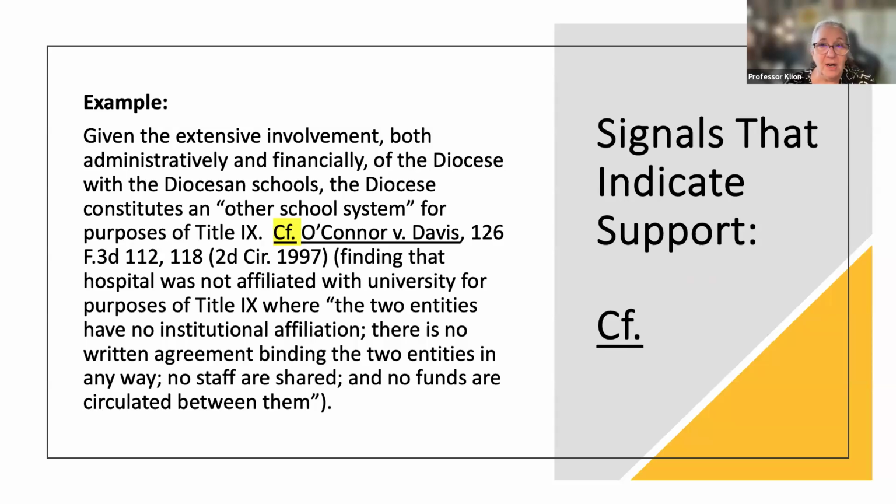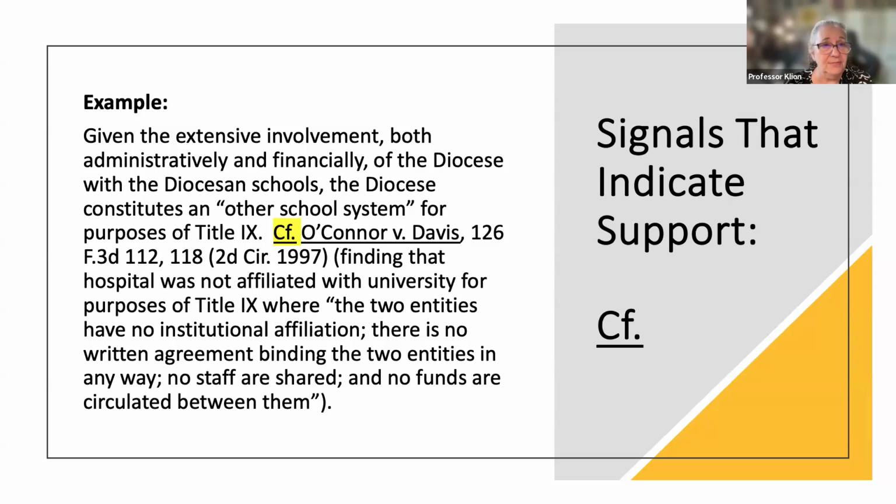Then you have compare. You use this when the cited authority supports the stated proposition only by analogy. If you're going to use cf., you have to have an explanatory parenthetical after it, or else the reader will never understand it. So here you have, given the extensive involvement, both administratively and financially, of the diocese within the diocesan schools, the diocese constitutes another school system for purposes of Title IX.